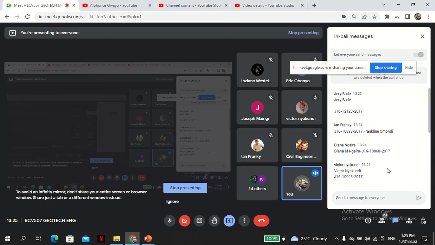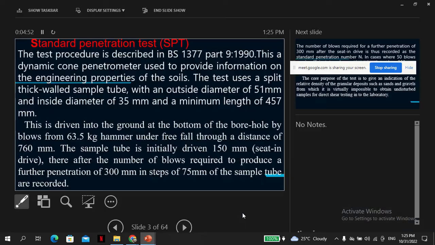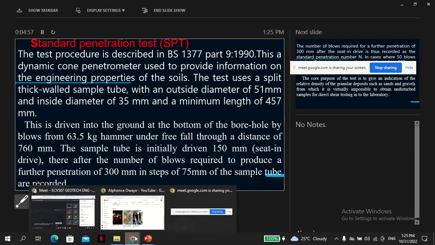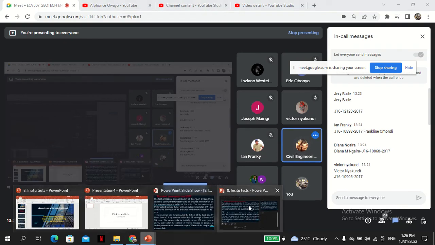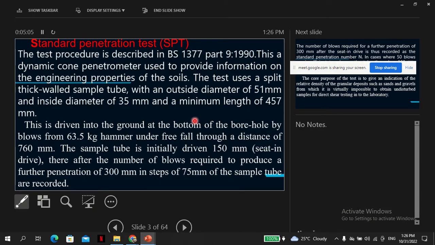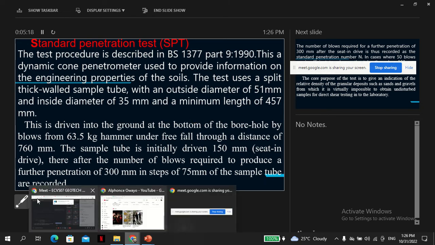I don't know anyone else saying they can't see. Please respond, because now I wouldn't know if you're not saying anything. We can see. Yeah, so the one who cannot see, maybe something is wrong with your internet connectivity or your equipment, or your device.